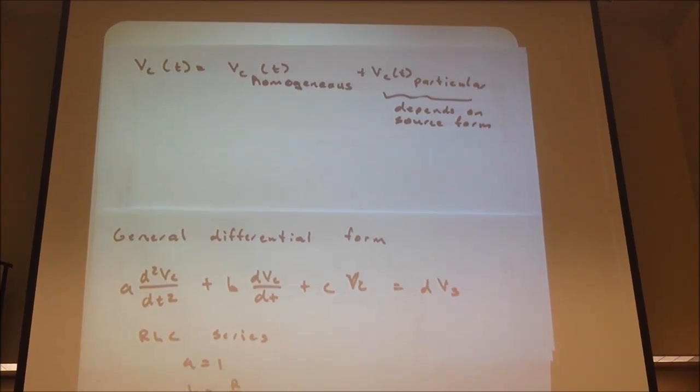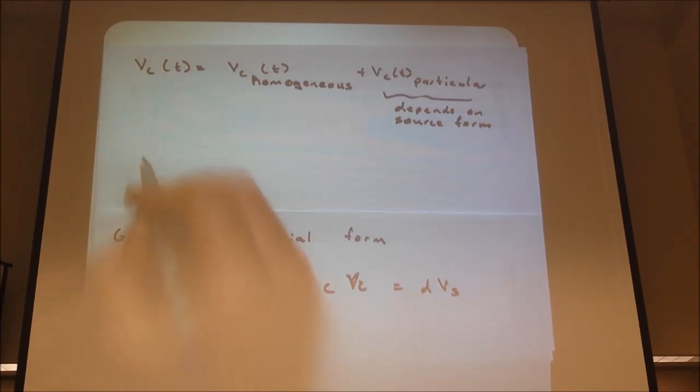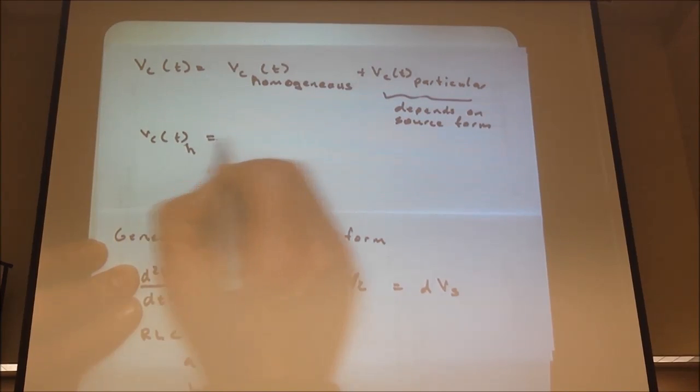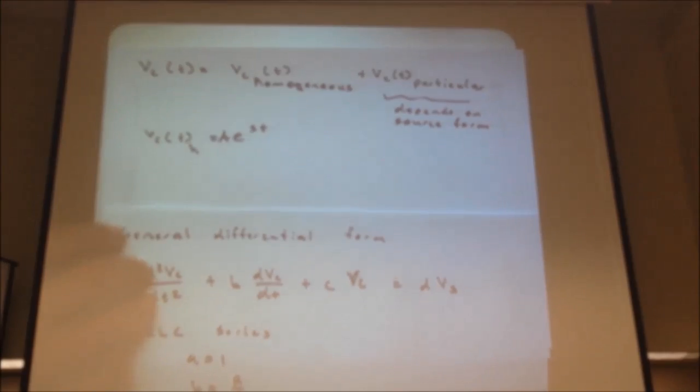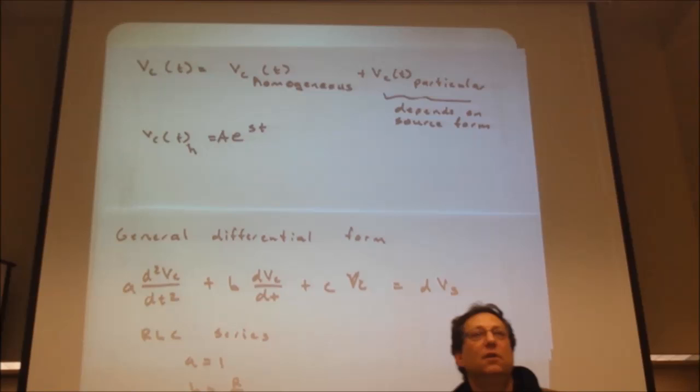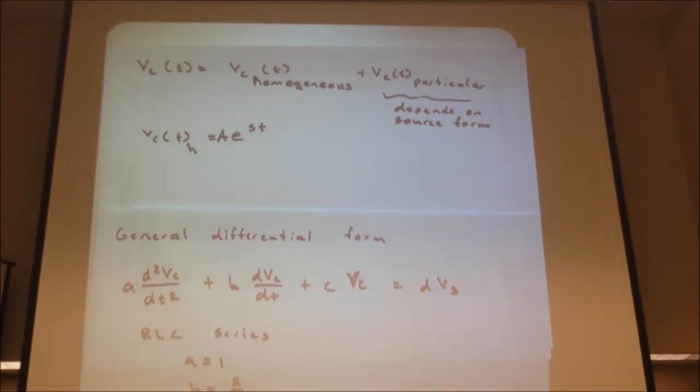But if we look at this in differential equations, and maybe you did this in your differential equations class, you can always say, I'm going to guess VC homogeneous is of the form an exponential, A e to the st. You can always guess that. It's a reasonable thing to do in mathematics. So you guess an exponential form.